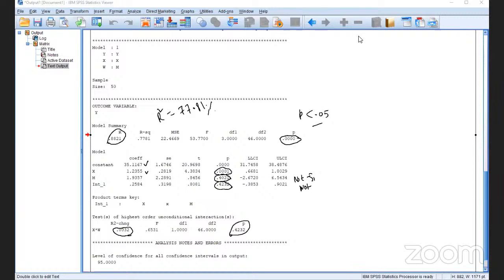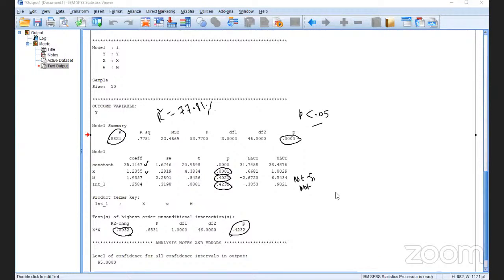Now the question is how to write this output. Yesterday I told you, you can go through the book by Rebecca M. Warner. So I am just showing you the book, how to report this result.